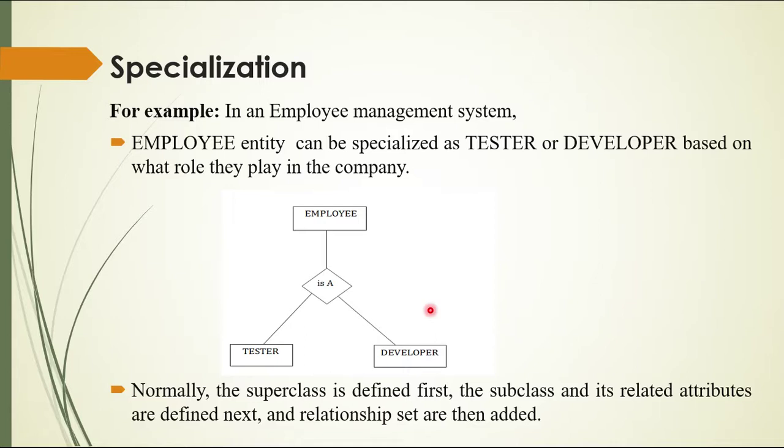So employee is a person, and that employee is divided into tester or developers according to their departments. So first of all the superclass is defined. After that subclasses are defined, and then the relationship between them is set. So employee is a superclass, tester and developer are the subclasses.